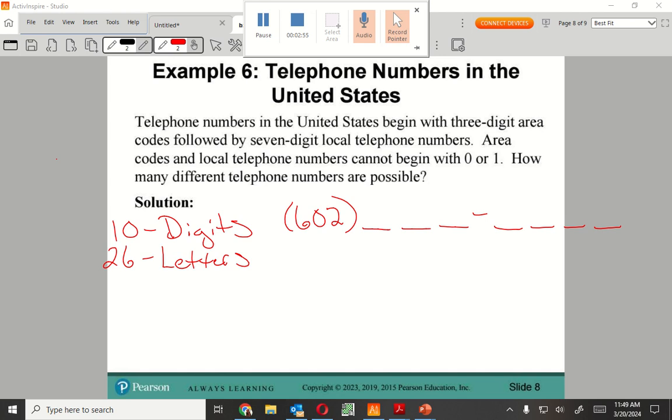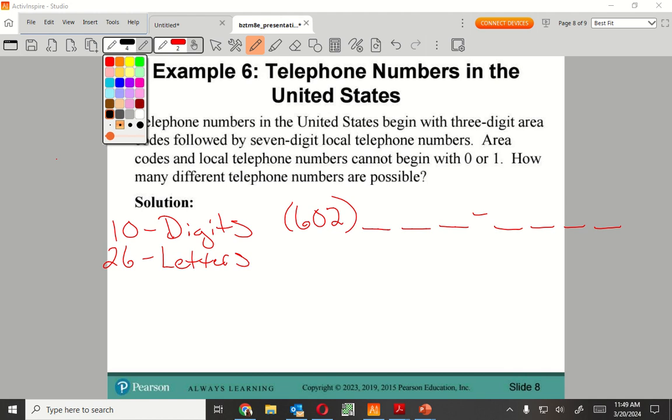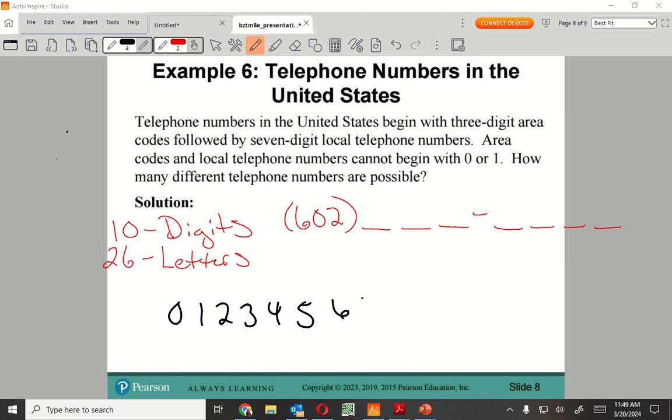So we're going to go through and list out my digits. My digits, we said, were 0, 1, 2, 3, 4, 5, 6, 7, 8, and 9. Writing this down, I know this seems elementary, but this is actually helpful, especially when we get into weird combinations where numbers cannot repeat.